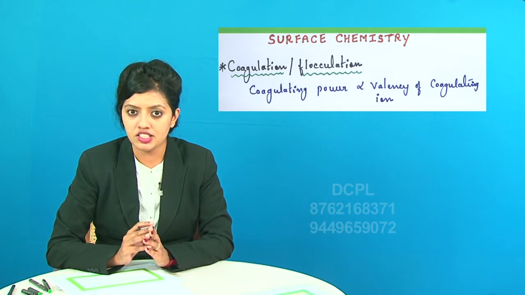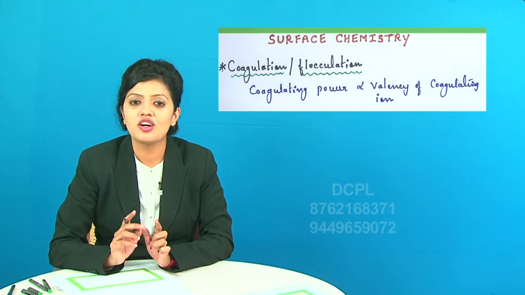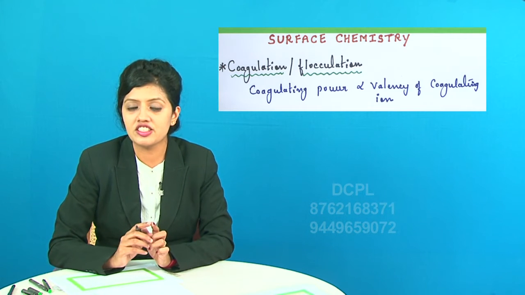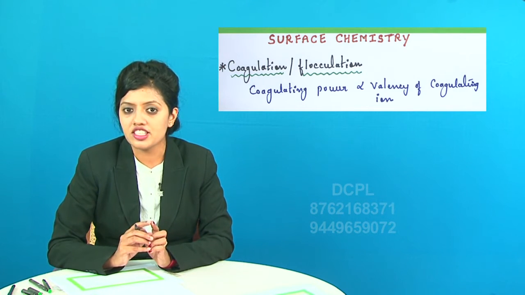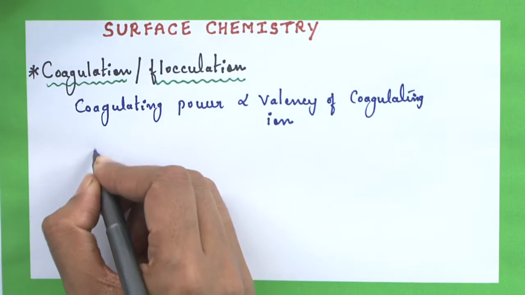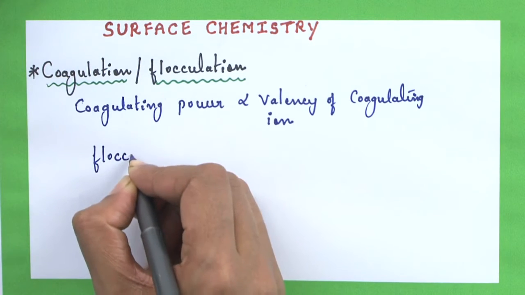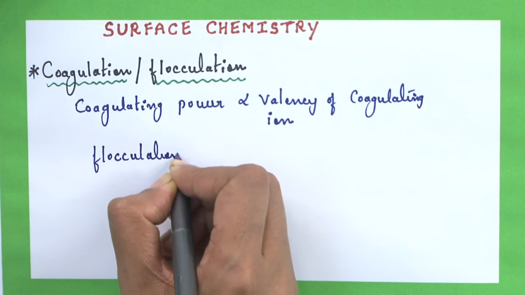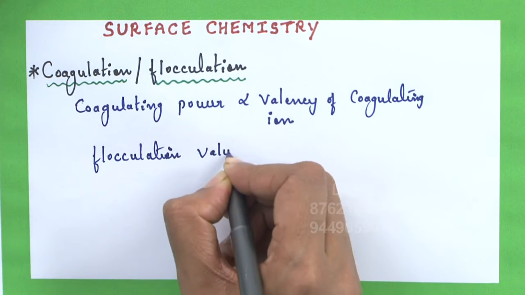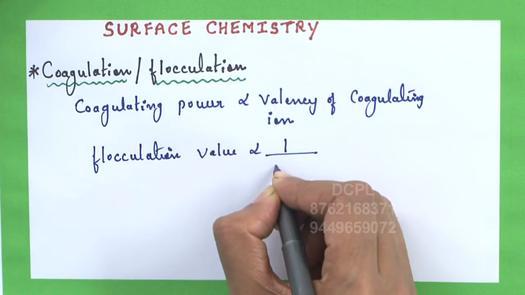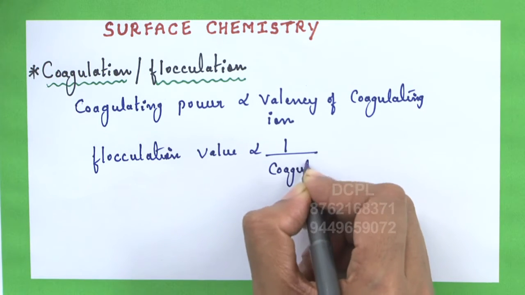Apart from this, another variable is flocculation value, which is inversely related to the coagulating power.